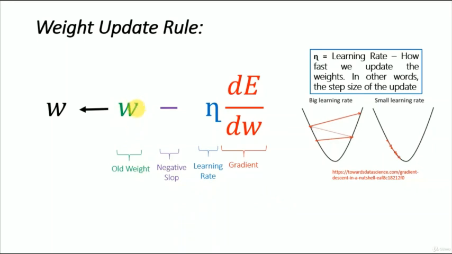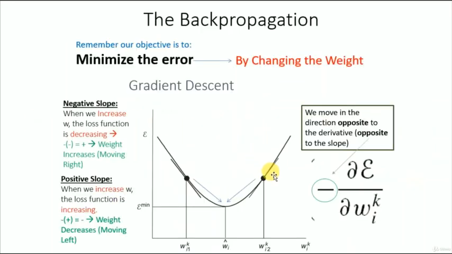W here in green is your old weight. Negative here in purple is your negative slope. Remember, we're always taking the negative of the gradient. And here is your learning rate, which I'll be describing right now. The gradient here is basically the slope that you calculate right here, the derivative of the loss with respect to the weight.